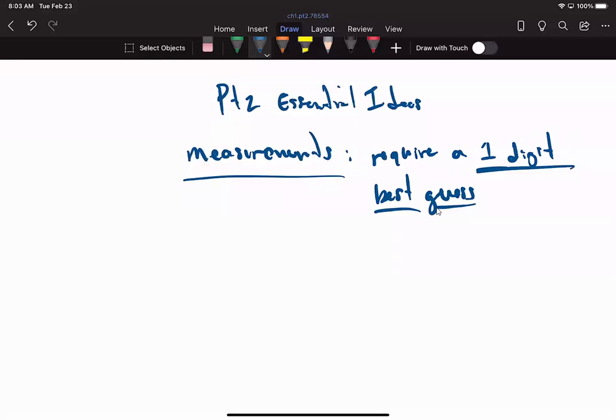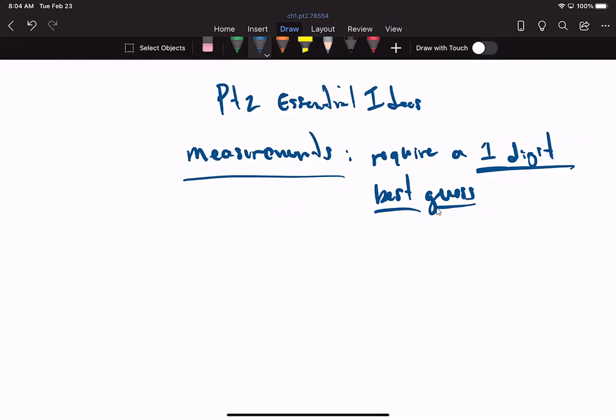Not two digits, but at least a one-digit best guess. Depending on the ruler we had, and I'm measuring centimeters, maybe I'm measuring 1.1 centimeters.